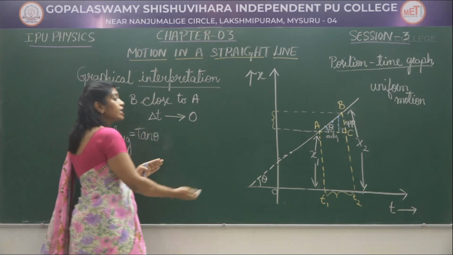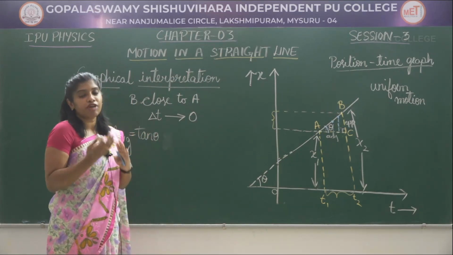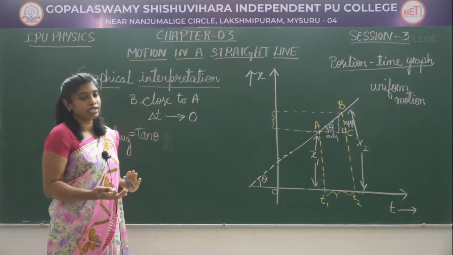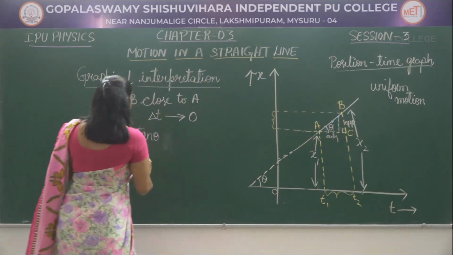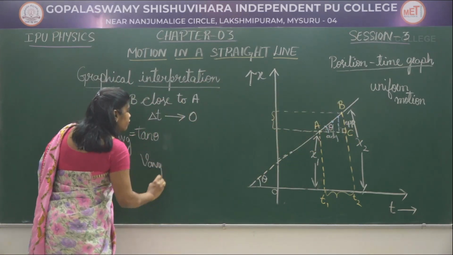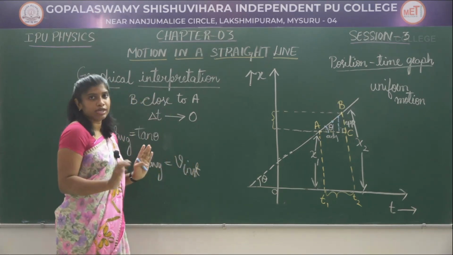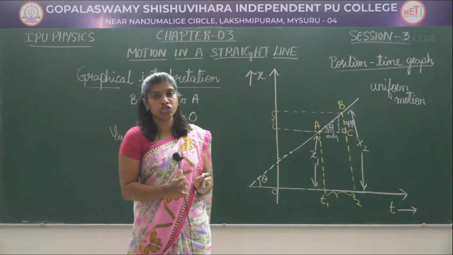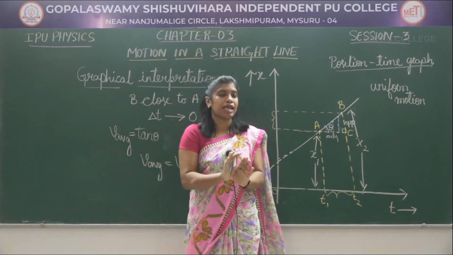So, if tan theta is the same at all the points, there is no point in finding out the instantaneous velocity, because in a uniform motion, the average velocity will be equal to the instantaneous velocity. So, in case of uniform motion, average velocity and instantaneous velocity will be the same.